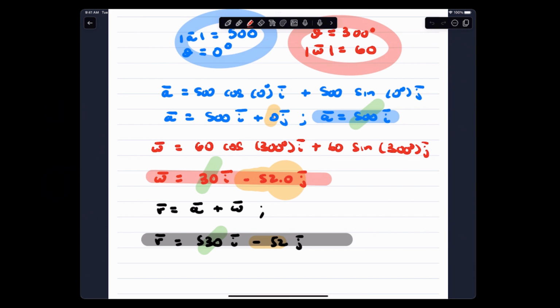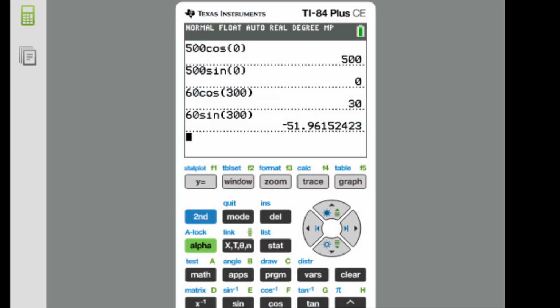Highlighted in red, the part where it's like 30i plus 52. Is there a 5 somewhere? In what's highlighted in red. Is it 30 minus 5? I think it's 30 minus that 52.